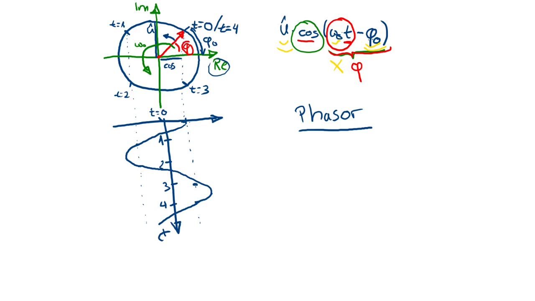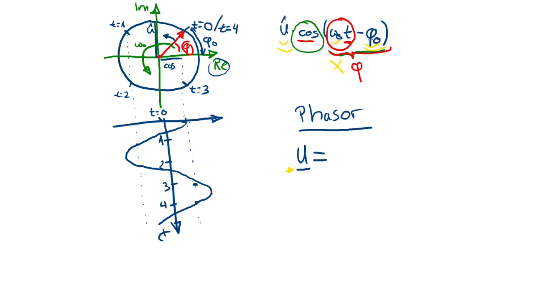And this is what we're going to do in our phasor representation. So both parameters, amplitude and phase, are absorbed into a complex number. Let's call it U with a capital letter. And in this lecture, complex numbers are always marked with this underline. So if you see this, it means this is a complex number.